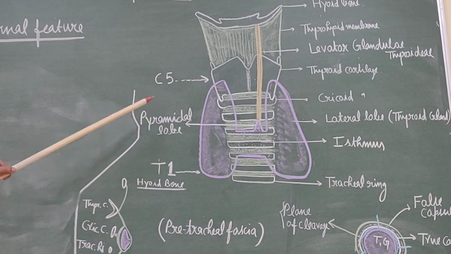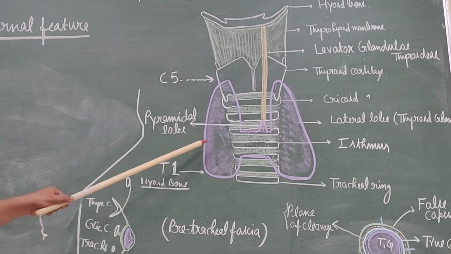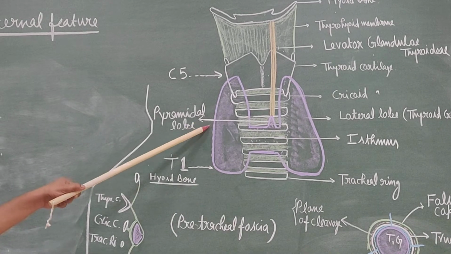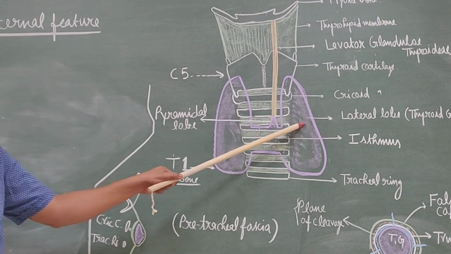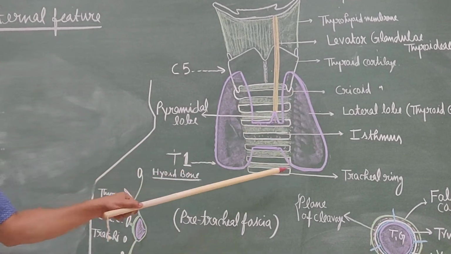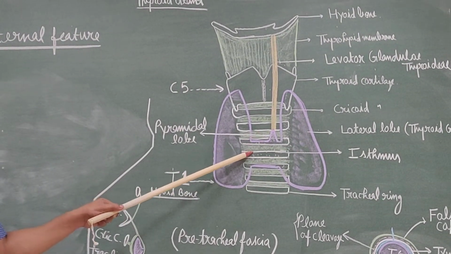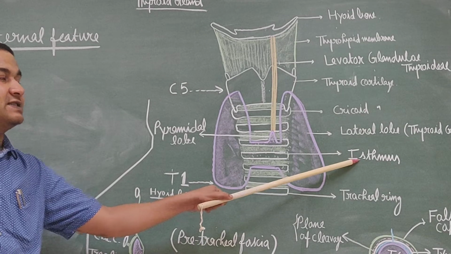The thyroid gland has two lateral lobes. These two lateral lobes are pyramidal in shape, and they are connected by a structure that is the isthmus.